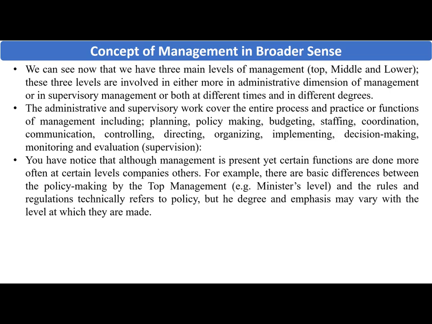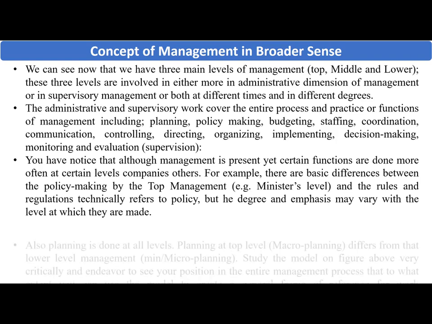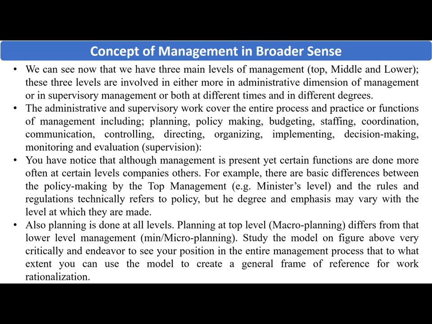For example, there are basic differences between the policy making by top management, for example at the ministers level, and the rules and regulations. Technically they refer to policy, but the degree and emphasis may vary with the levels at which they are made. And also planning is done at all levels.